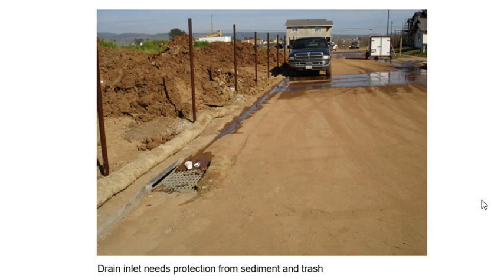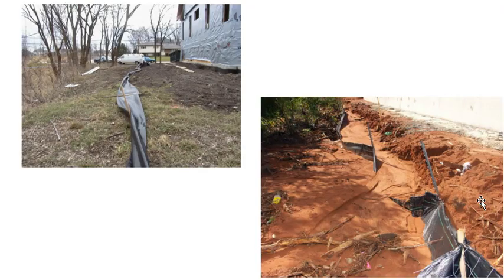So that's what's happened here, obviously, and now it's taking trash with it. And again, fences that are down, fences that have just been consumed by the earth. So ending on with a couple poor practices, or practices that were not executed properly and maintained properly.